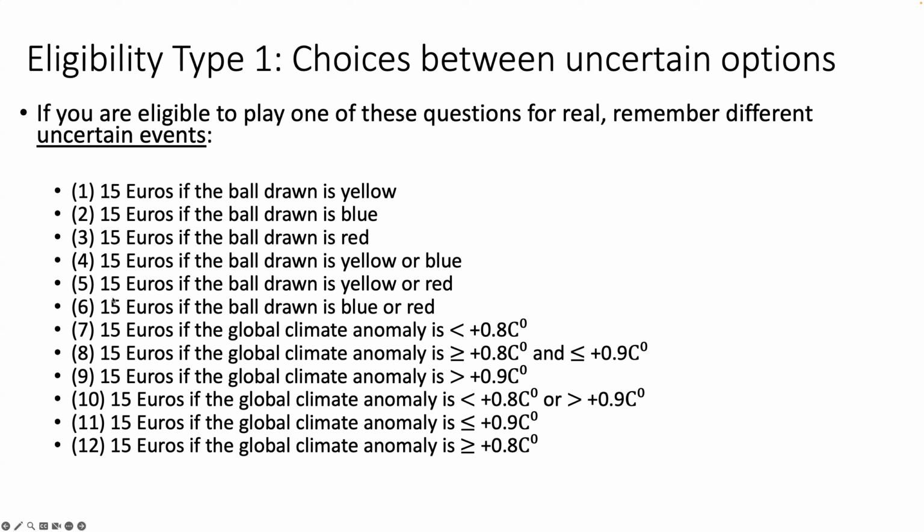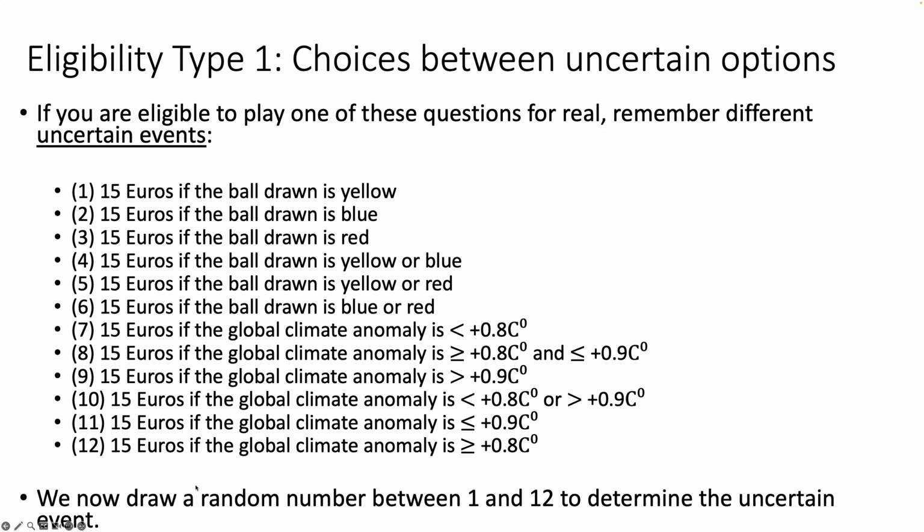Because there are 12 different events, in order to decide which of these events is the relevant one for your bonus payment, we are going to generate a random number between 1 and 12. If the number is, for example, 4, then notice that the relevant event is the color of a ball drawn from the box.